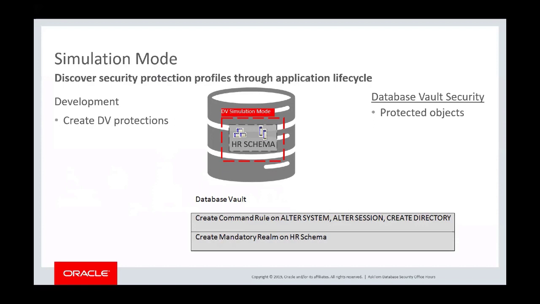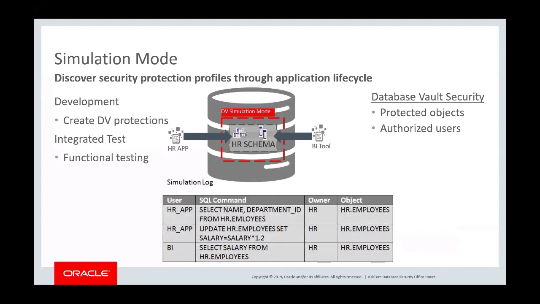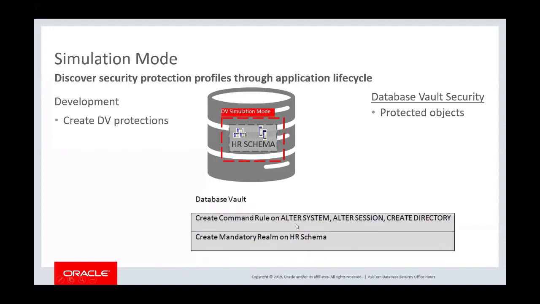So what you're doing is trying to capture all the users that need access to that as you're going through development. And you also create some command rules on alter system, alter session, create directory to try to understand the controls that you need for the database.